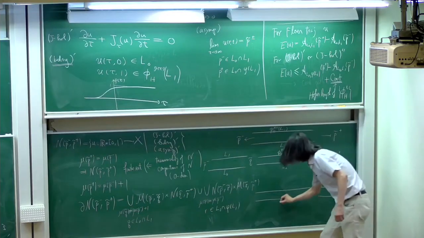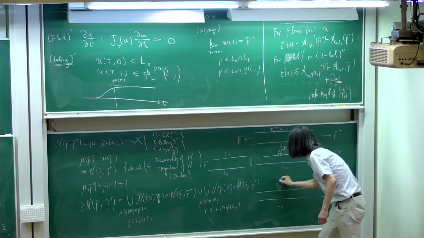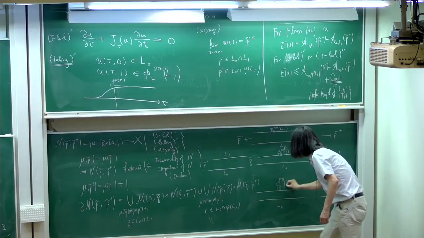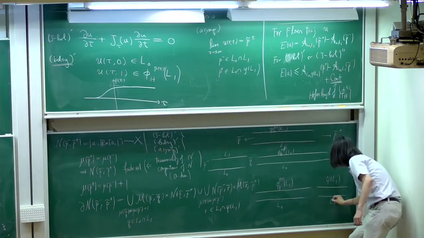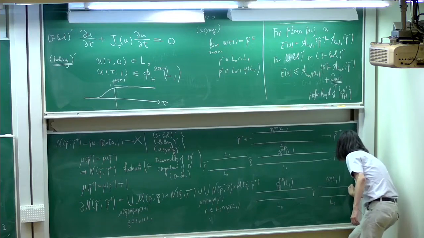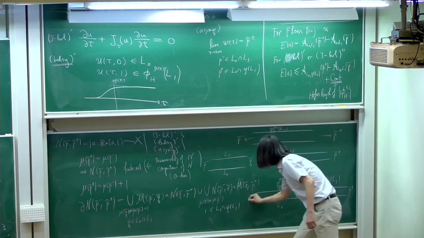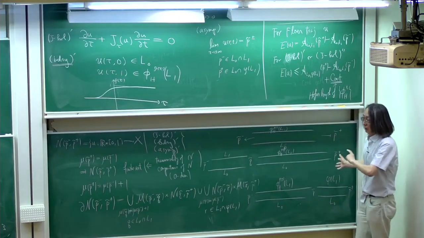So here it is L0. Here maybe it is phi h rho tau of L1, and here it is phi L1 and L0, right? And then here is r tilde, and here is p tilde plus and p tilde minus. Okay. So we have two kinds of splittings.